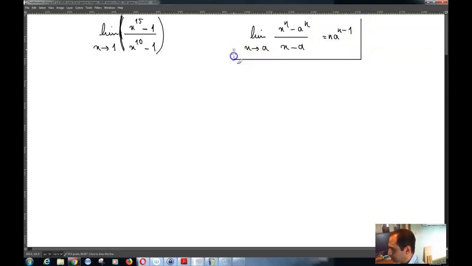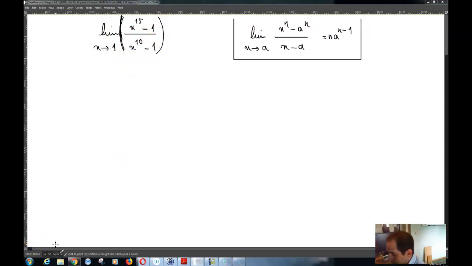This was the theorem that we had. So basically if you want to use this theorem, this expression has to look like this. Otherwise you couldn't use the theorem really. So what you need to do is make some changes to the expression.